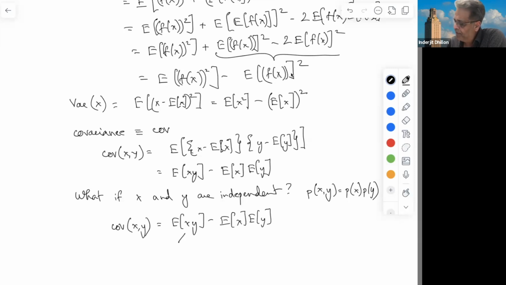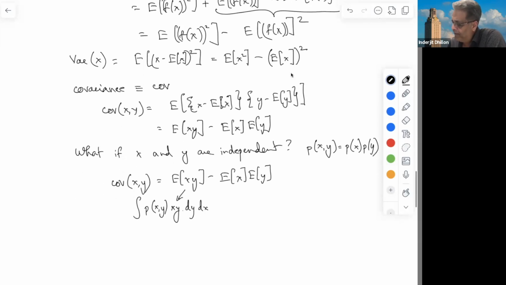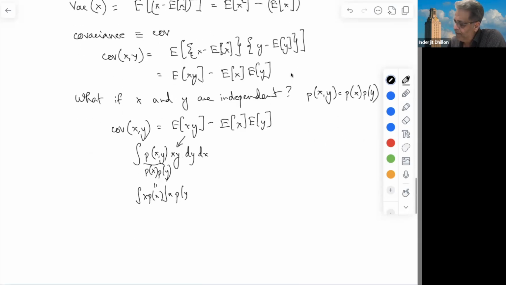And if you think about what this is, this is basically the integral of p of x comma y times xy dy dx. If this breaks up into p(x) p(y), I can write this as the integral of x p(x) times the integral of y p(y). And that's expectation of x times expectation of y.